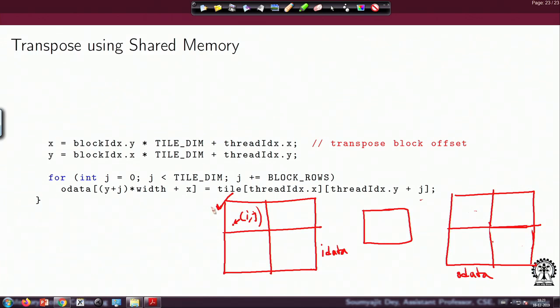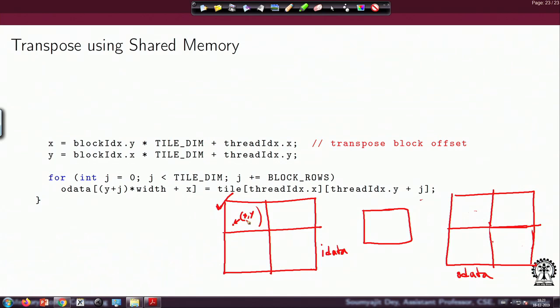Here I have a block id x and block id y. Or, if I keep it the same with the original symbols that we are using in the program, let us just call it x comma y. This is my original x comma y.